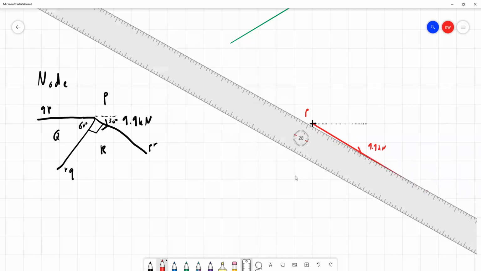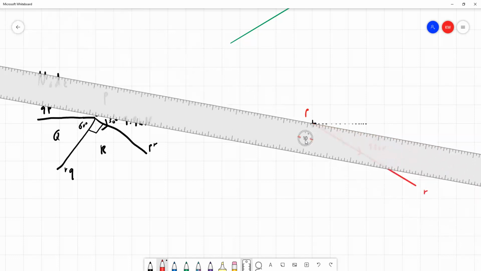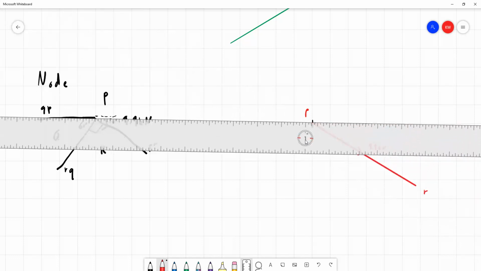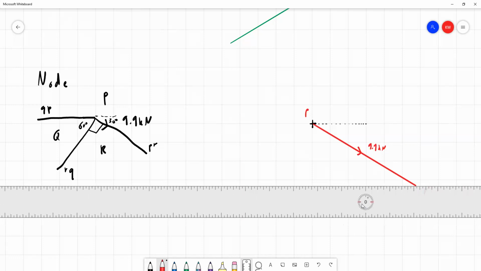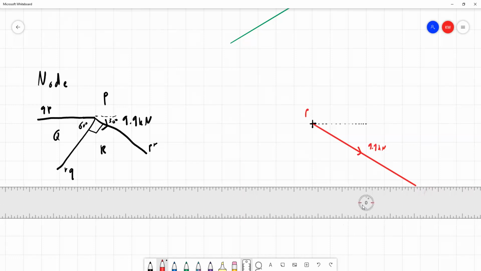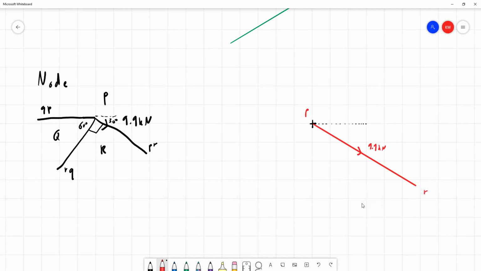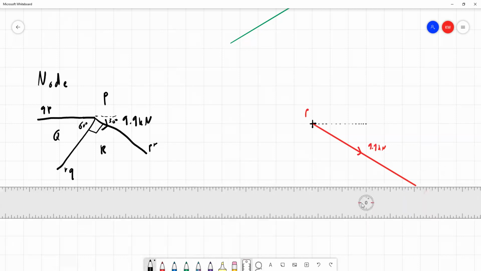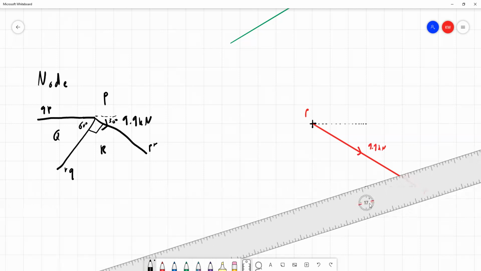To the end of this line, we're going to join the vector RQ. Now, what we know about RQ is it acts at an angle of 60 degrees below the horizontal line. You can take that from the question. So we're going to draw a dotted line here and measure around 60 degrees from this.